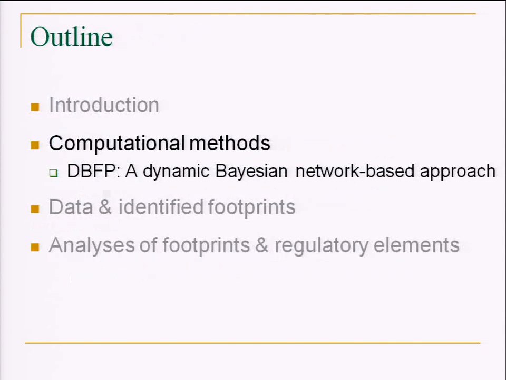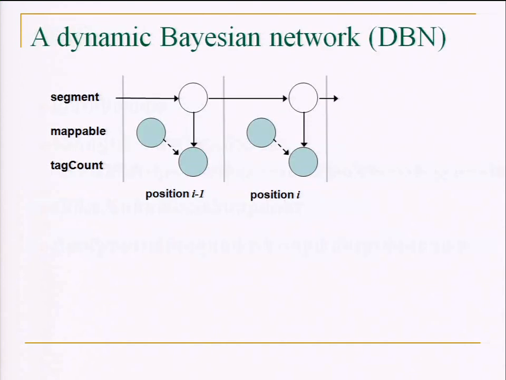Next I will present our DBFP, based on a dynamic Bayesian network, a hidden Markov model. Here I show the network for 2 consecutive positions. Actually, the whole network extends over all genomic positions, and each position is modeled consistently.